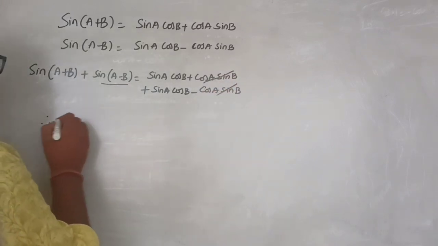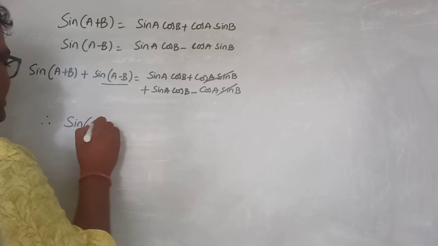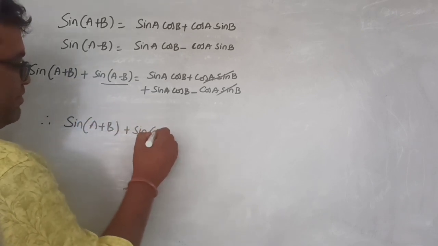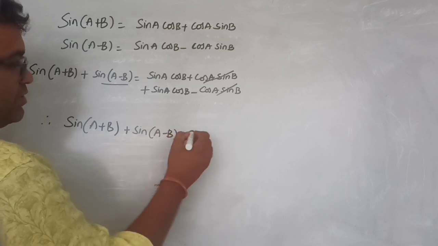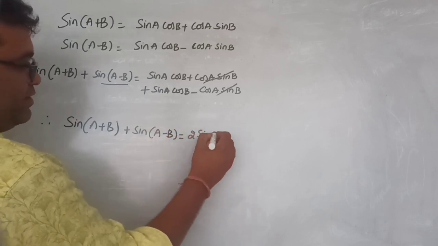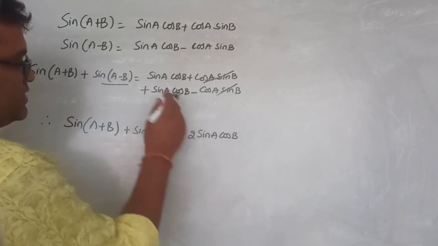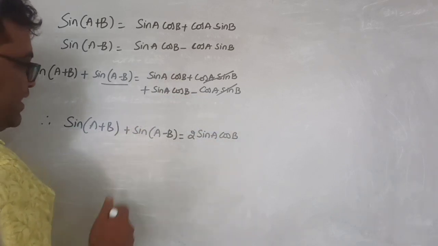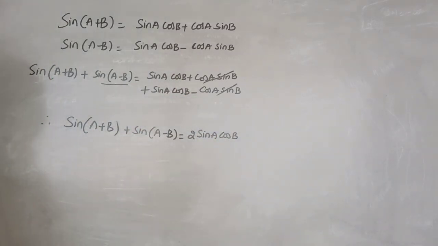Here we get, therefore, sin of a plus b plus sin of a minus b is equal to 2 sin a cos b. Sin a cos b plus sin a cos b is 2 sin a cos b.